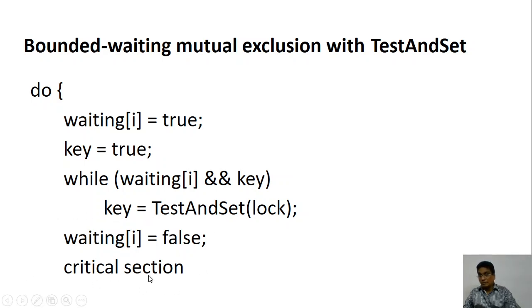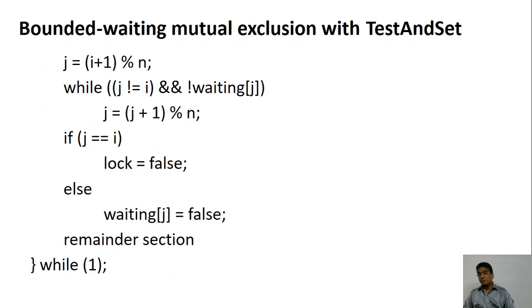So you go and perform the critical section. Suppose if it is unlocked, then you lock and perform the critical section. Once you come out of the bathroom, what are you supposed to do? You have to give the key to the others. So how do you go for that? You find whoever is next in the row who is waiting.